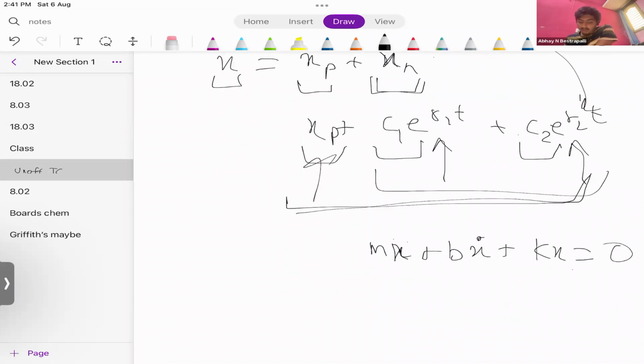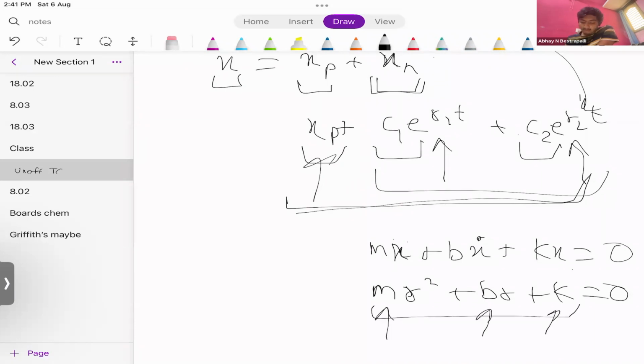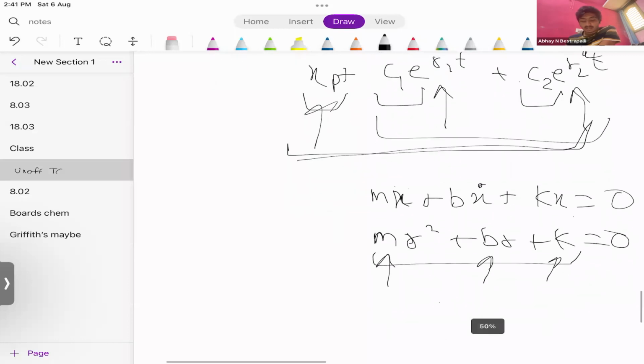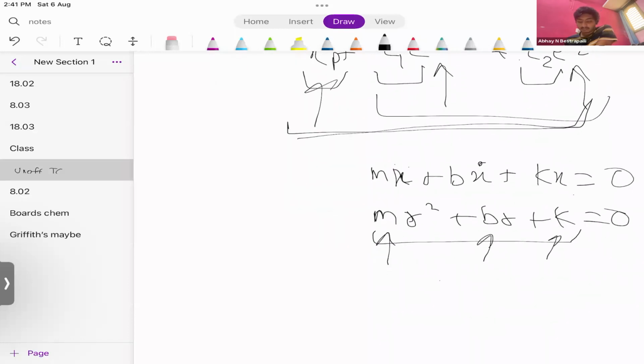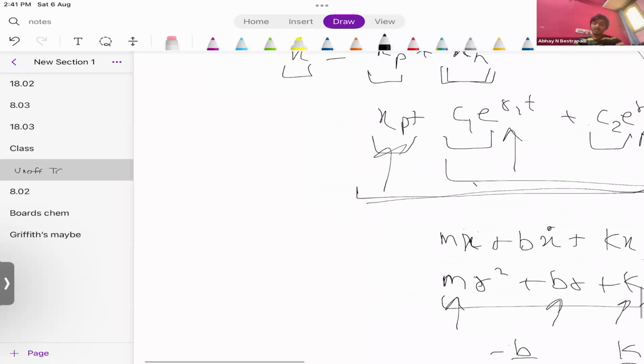Remember that R1 and R2 are solutions of the equation. If you don't, that's fine, this is not that important. Here k, b, and m are all positive real numbers, and because of this, you can show that the sum is minus b by m, which is a negative number, and the product is k by m, which is a positive number. So this means that the roots are both negative numbers.